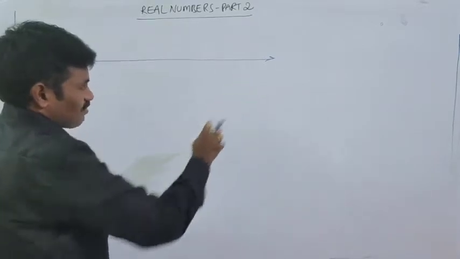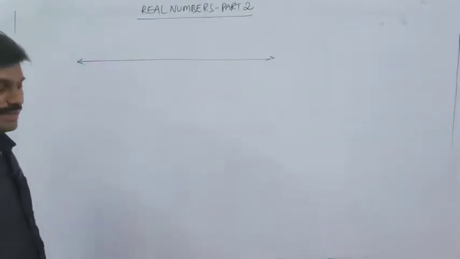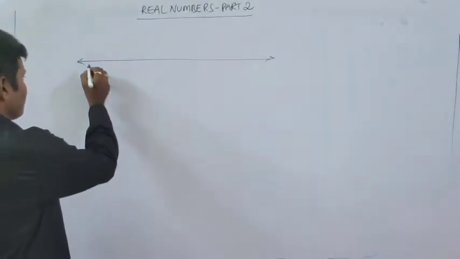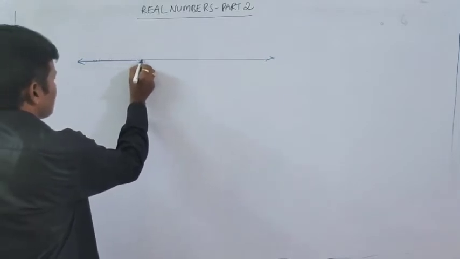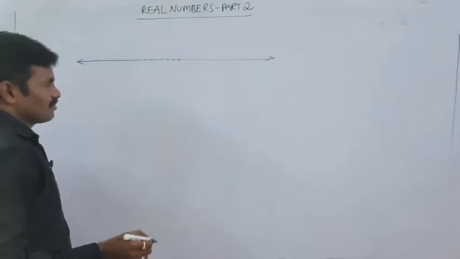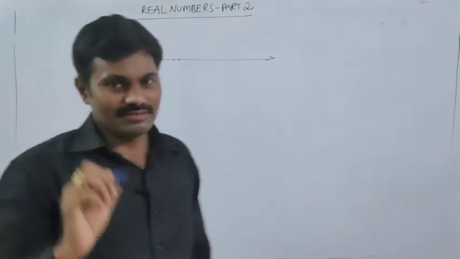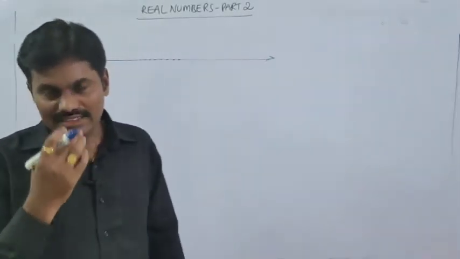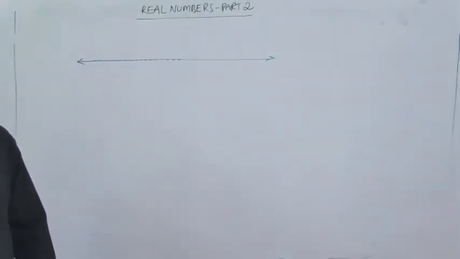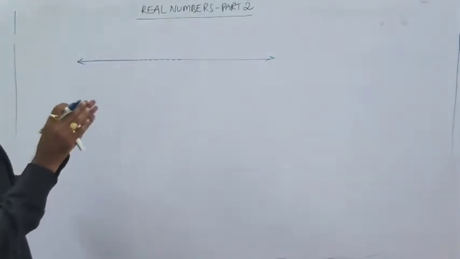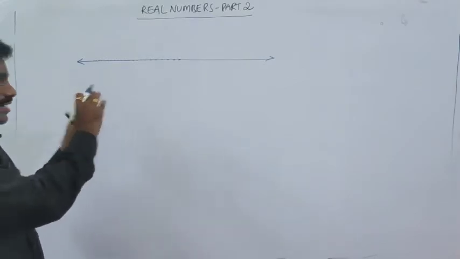On this number line there are so many points. We have learned in geometry that a line consists of many points. Similarly, each point denotes a number. That means there are infinite numbers on the number line.